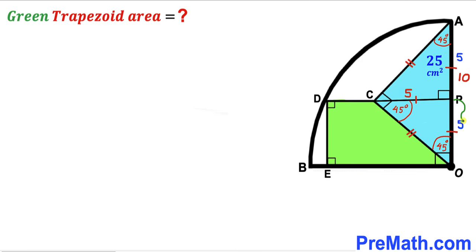Furthermore, let's make an observation. We can see this OP length is 5. Therefore, this DE length is going to be 5 centimeter as well. In this next step, I have dropped this perpendicular CF on this side OB. Now we can see that this side CP is going to be equal to this side FO.